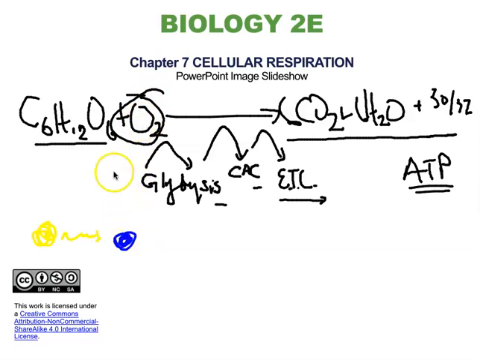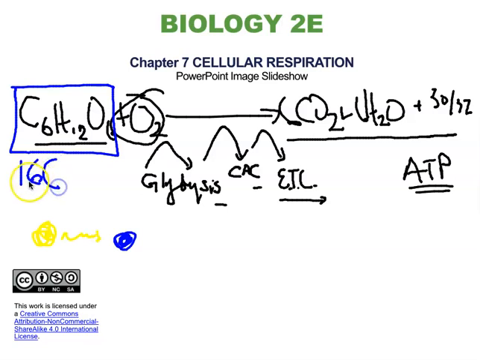Every single cell on the face of this planet, with some exceptions, requires glucose as the primary energy source. And we take that glucose, and we started with a 6 carbon structure. Okay, 6 carbon structure, that's what this stands for. And we convert it into 2 3 carbon structures.